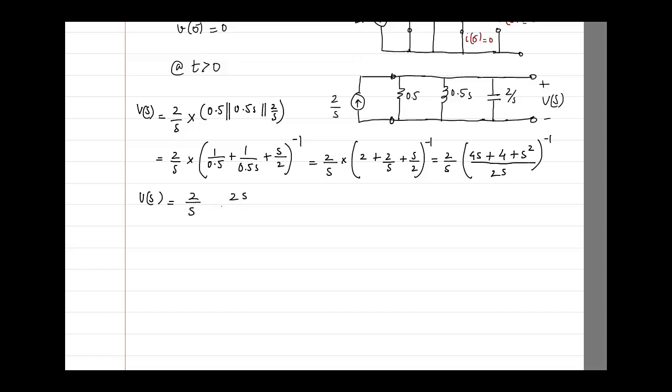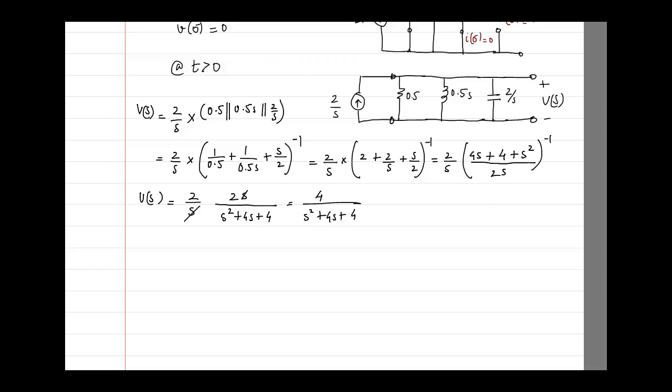So if I take the inverse, I will get V of s is going to be 2 by s into 2s divided by s square plus 4s plus 4, where this s and s will cancel off, and I will get 4 divided by s square plus 4s plus 4.